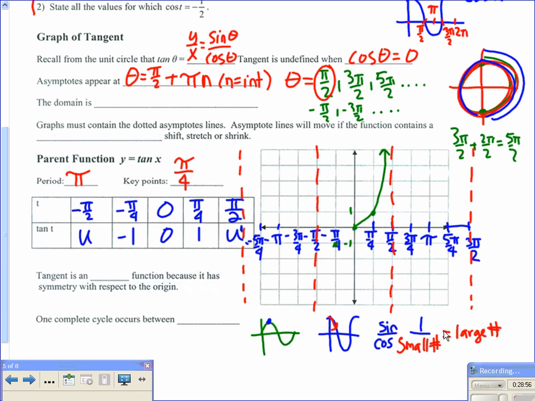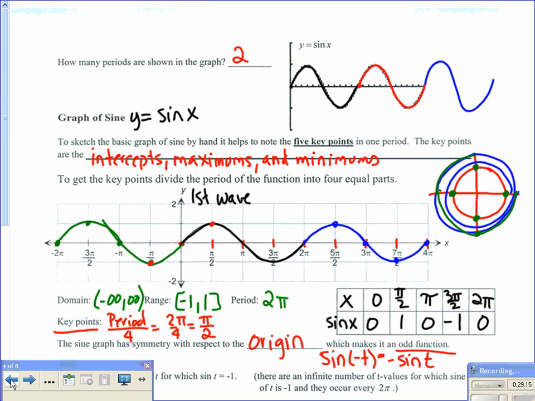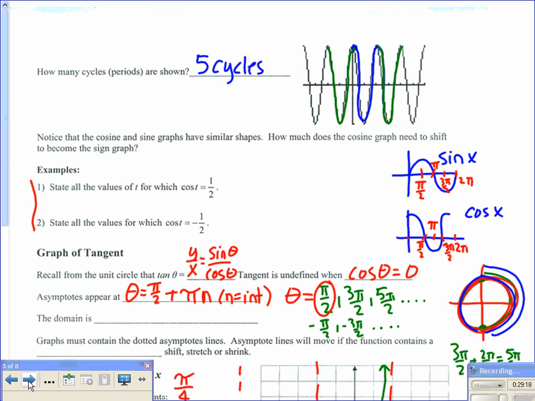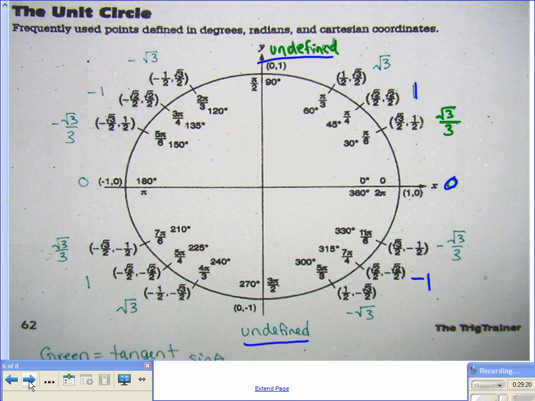Now we have the negative side of my graph. If I continue down this way, right here would be negative pi over 2. So for my value of sine, just to go back, when we have negative pi over 4, we have negative 1, which is what we're looking at, and then negative pi over 2 is undefined.